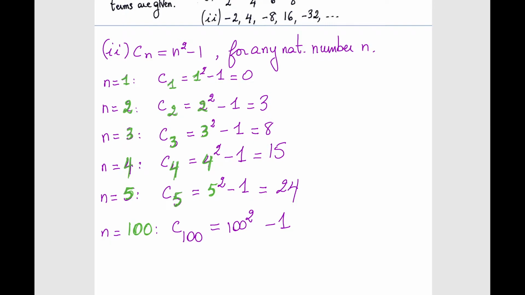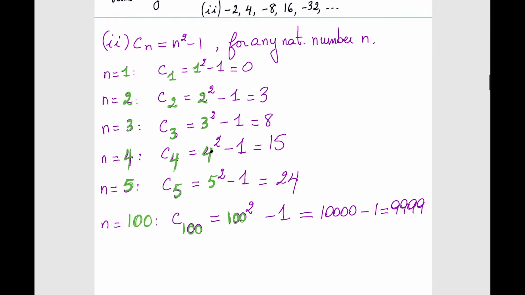Make sense? And that's the same n, correct? And that's equal to 10,000 minus 1, which is 9,999, correct? Doesn't matter, but what's important is how to find it.